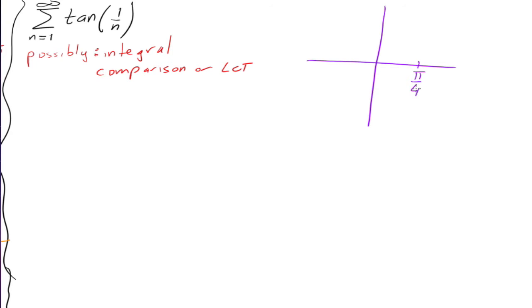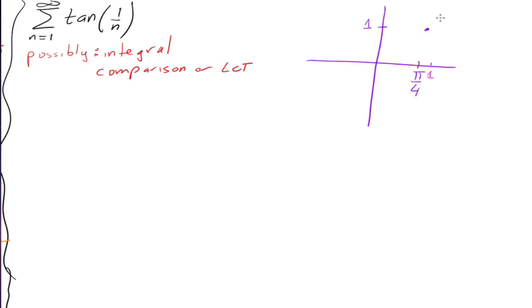At pi over 4, tangent is equal to 1, right? And pi over 4 is a little bit less than 1, right? So, 1 is, let's say, right here.